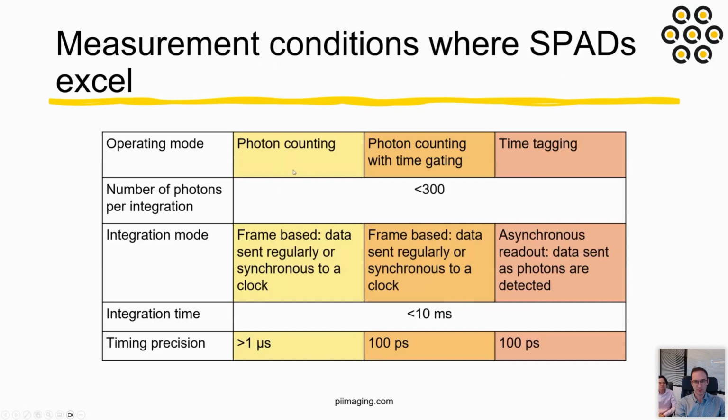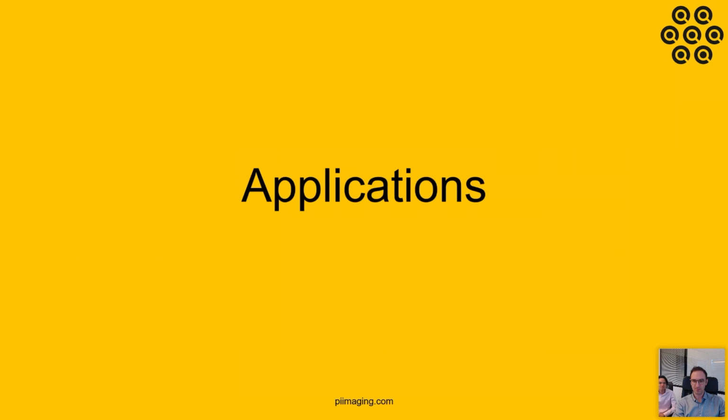So if you do photon counting, the timing resolution is limited by the frame readout, so typically 1 microsecond resolution. If you're doing time gating or time tagging, the resolution is defined either by the rising edges of the gate or by the time tagging instrument response function, which is in the range of 100 picoseconds.